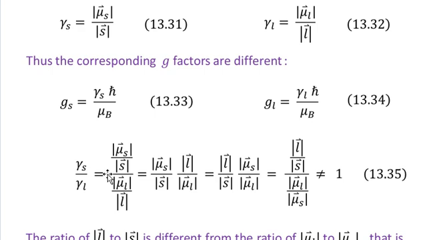So we can say that the ratio of gamma S to gamma L is not equal to 1. It means that gamma S and gamma L are different quantities. That is, the gyromagnetic ratio for the case of spin and the gyromagnetic ratio for the case of orbital magnetism. These have different values because their ratio is not equal to 1, as obvious in equation number 35.